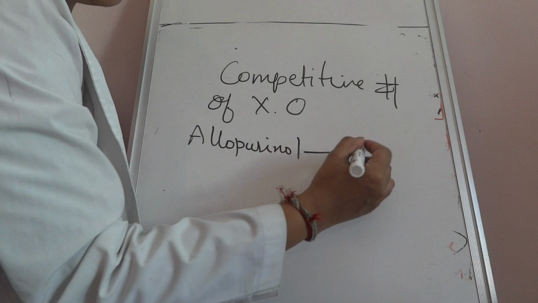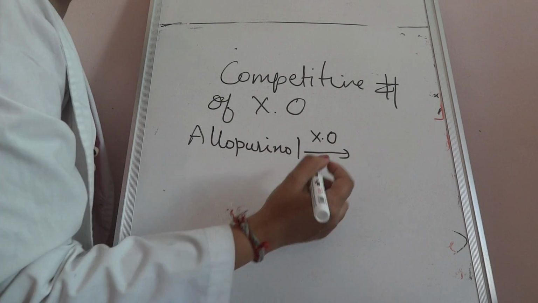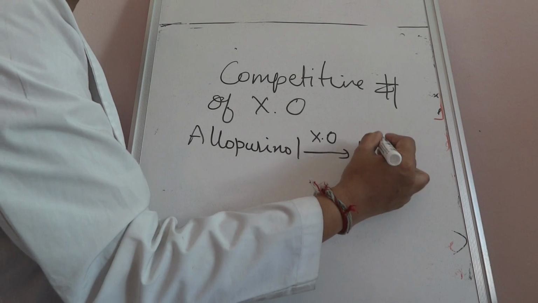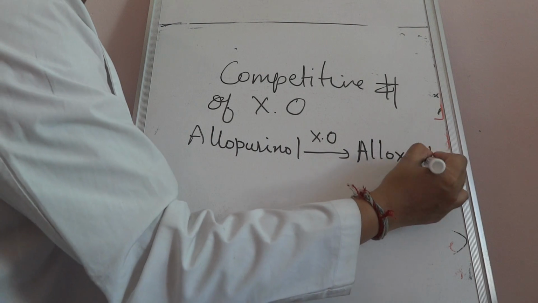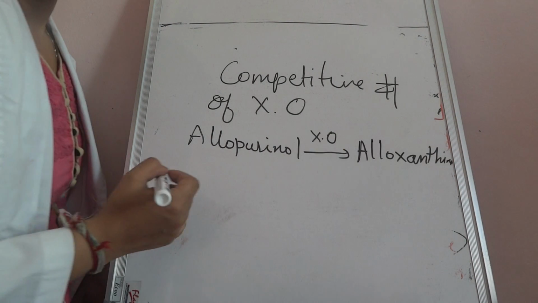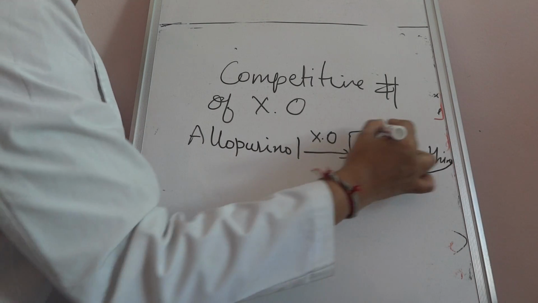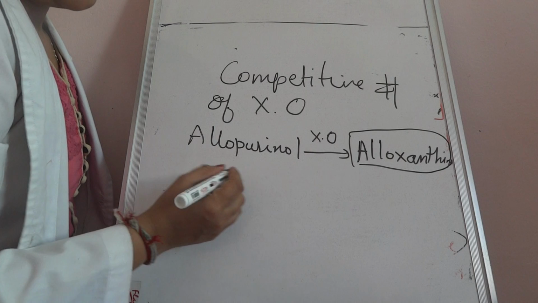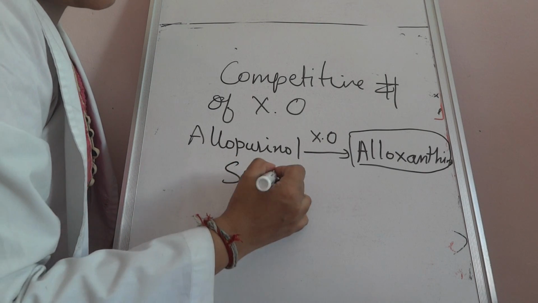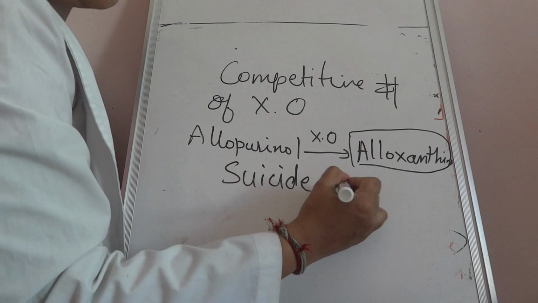When it reacts in the presence of xanthine oxidase, it forms alloxanthine, and this is a more effective inhibitor of xanthine oxidase. So this is also an example of suicide inhibition.